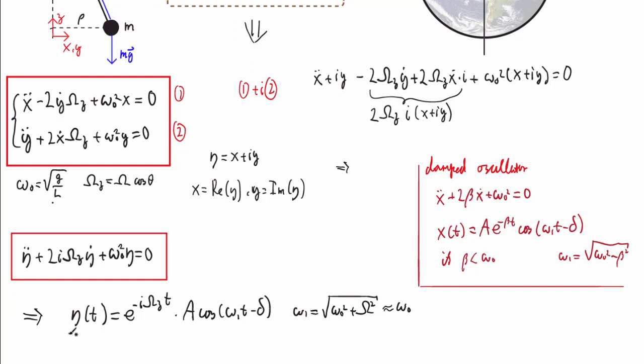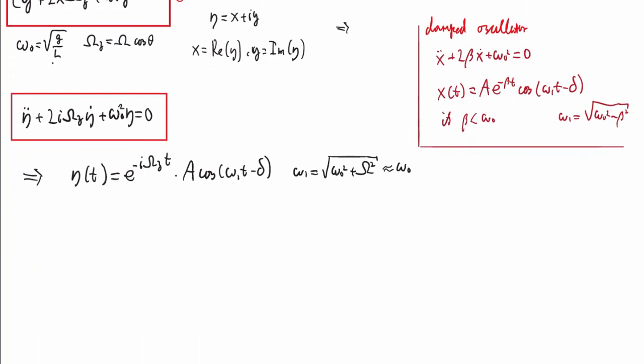So this is eta of t. That's the solution to this equation of motion. But we're interested in the motion in x and y. We can just apply this to this equation, and we then get the final solution.